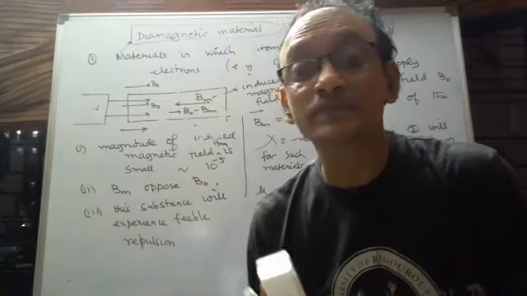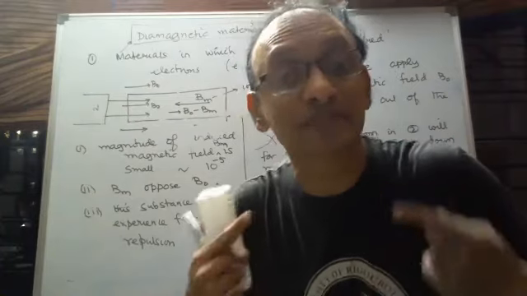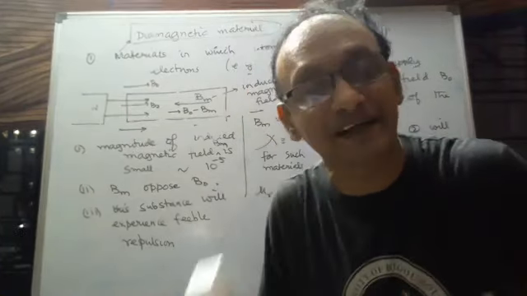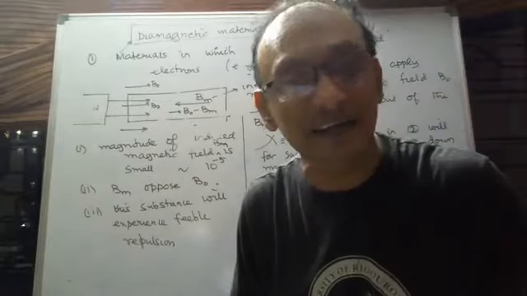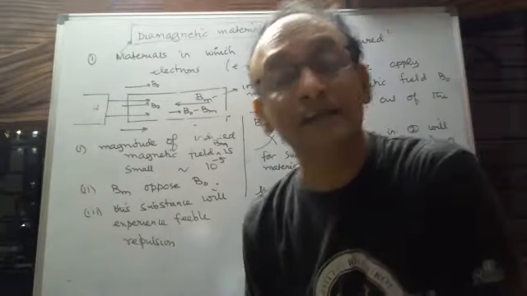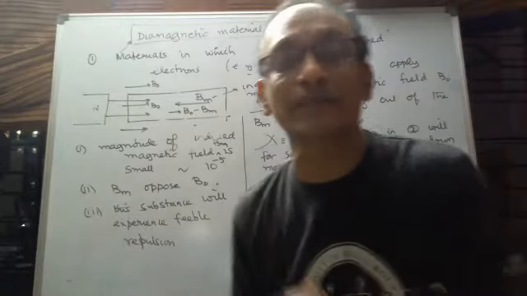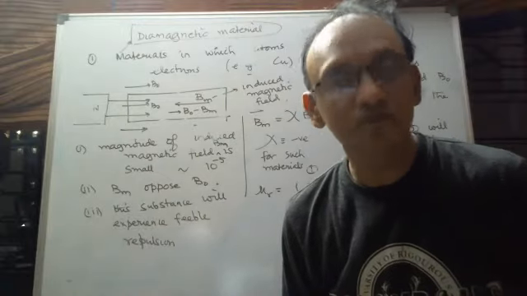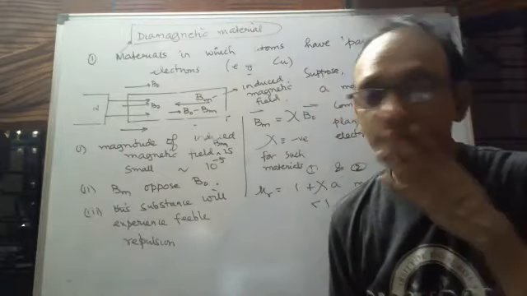Where atoms have paired electrons, such are diamagnetic. इनका magnetic susceptibility is negative. इनका induced magnetic field will oppose applied external magnetic field. You know what I'm saying?